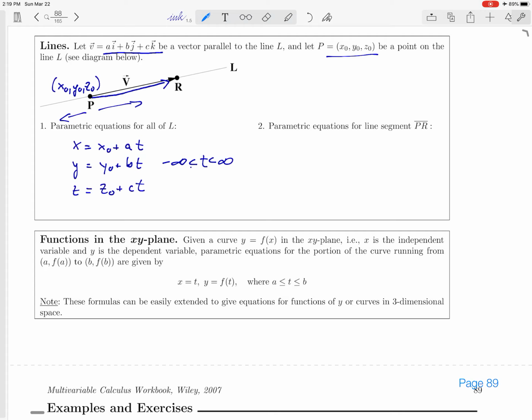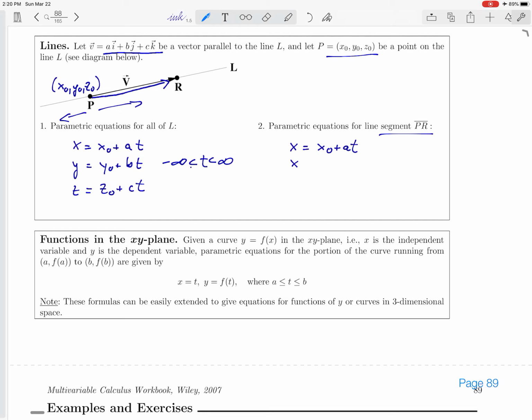If we only want to parameterize part of this line, so just a line segment, in this case, let's look at the line segment that is given in the picture from P to R, then we are starting at x0, y0, z0. We still have the same equations.